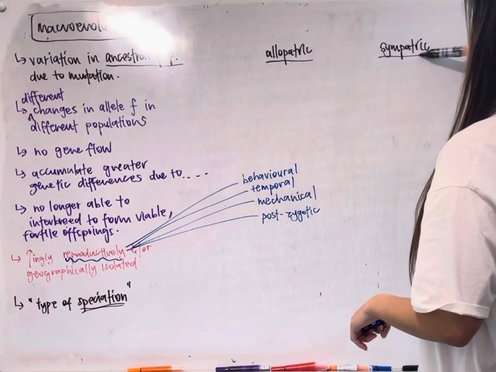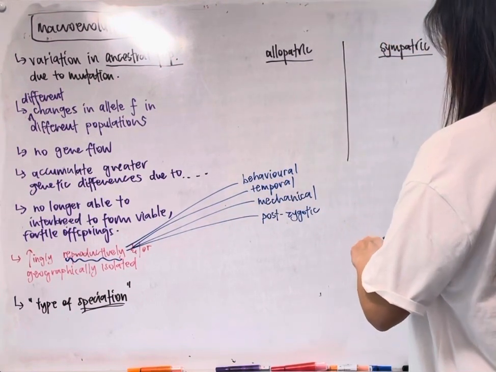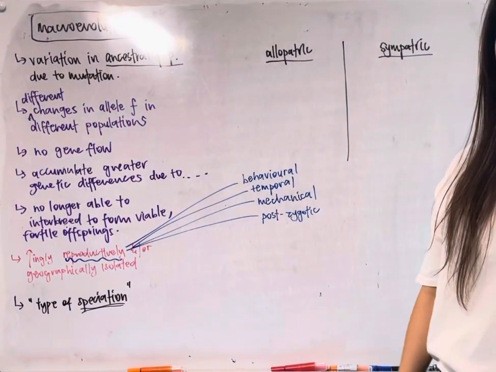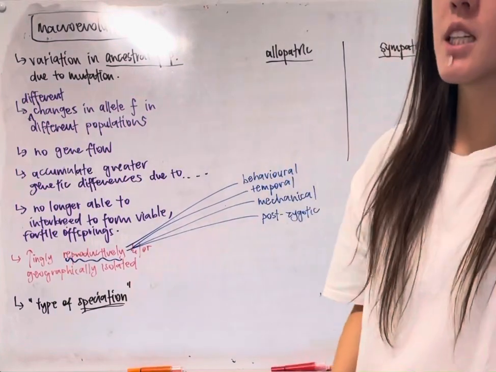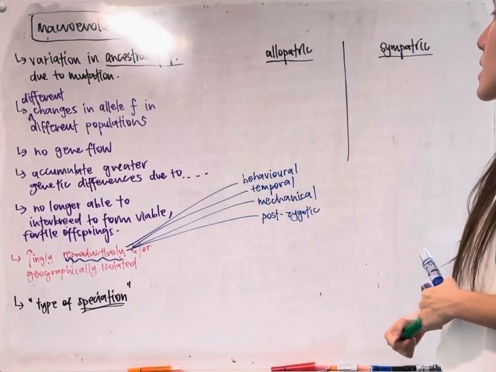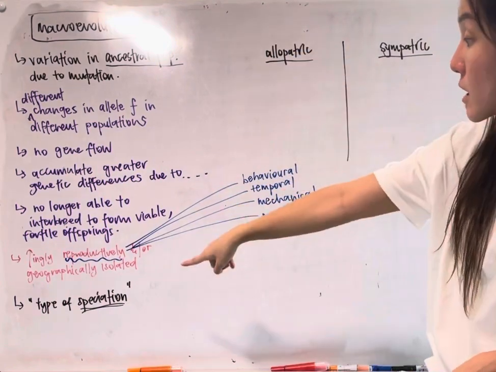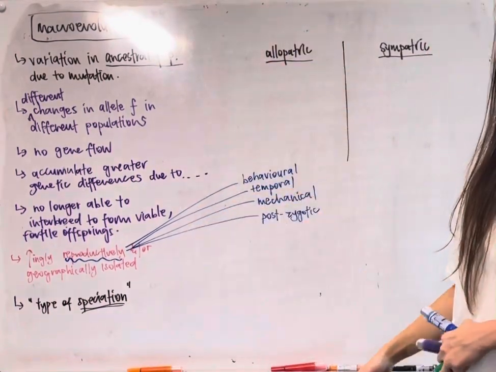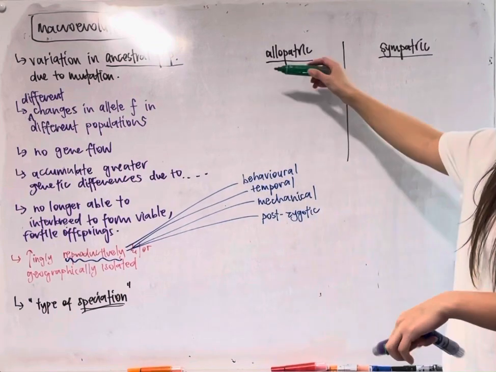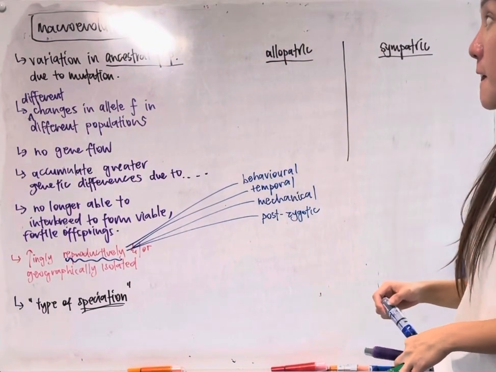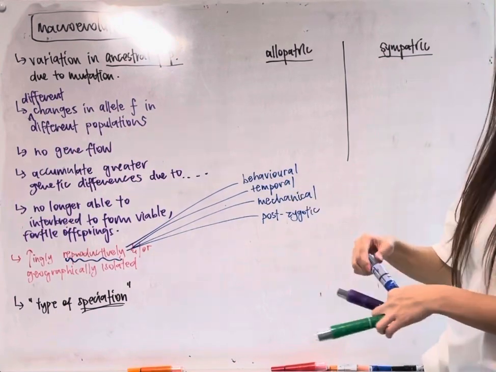For those who just received the notes, you can just write these two main key differences between them. First one, let's ask Moni, what is the main difference between allopatric and sympatric? Because sometimes I say you need to specify, and this is part of your marking scheme. One is reproductive isolation, one is geographical isolation. Sure, but what is the idea?